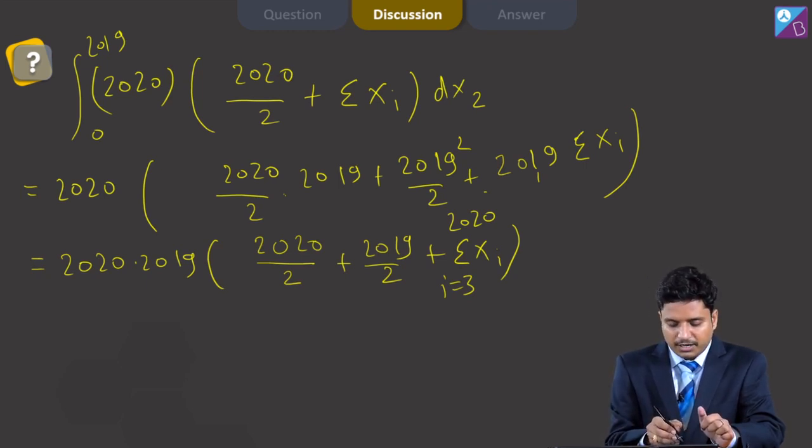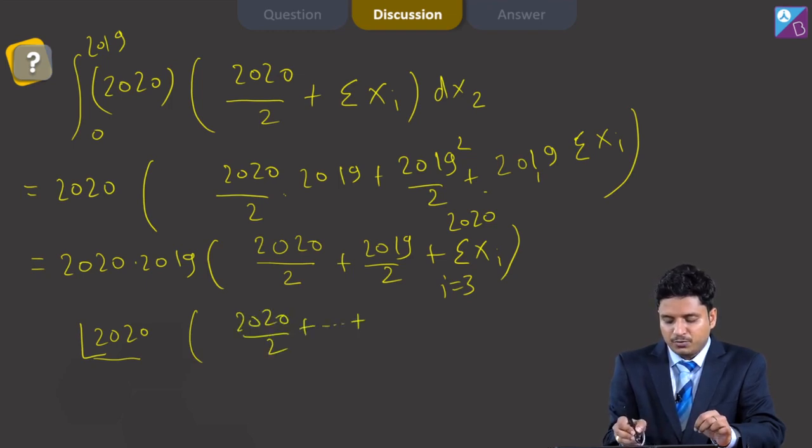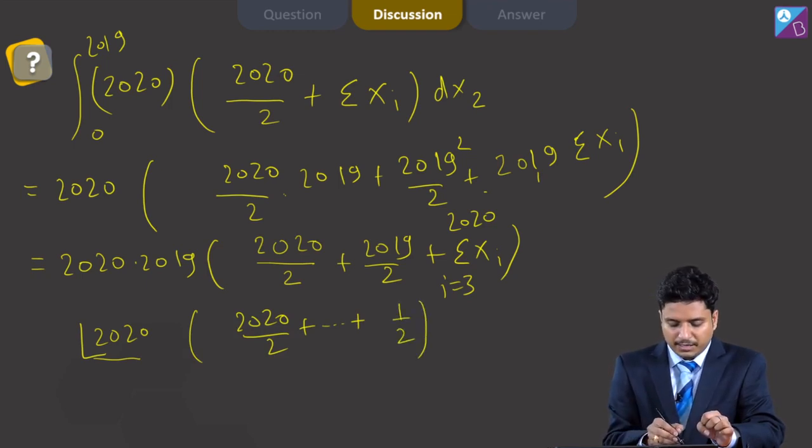So this quantity will be 2020 factorial, which will be waiting outside the bracket, and in the bracket it will be 2020 by 2 plus 2019 by 2, and at last it will be equal to 1 by 2. The same pattern will follow on. So what will be the answer?